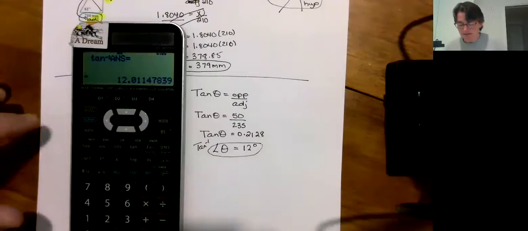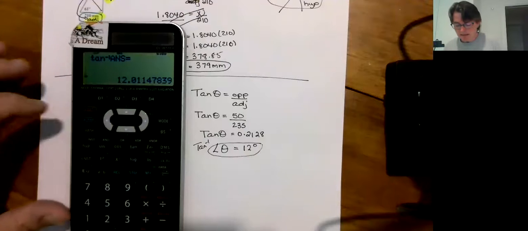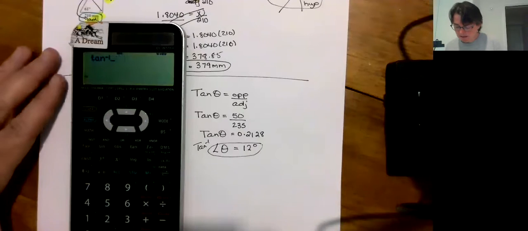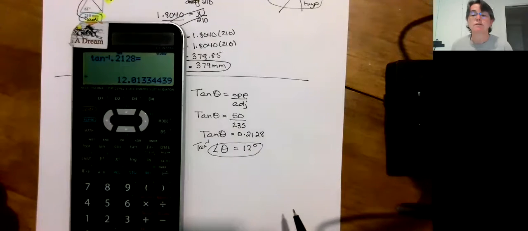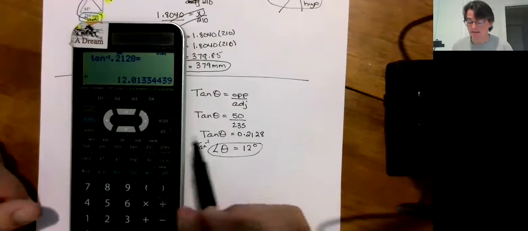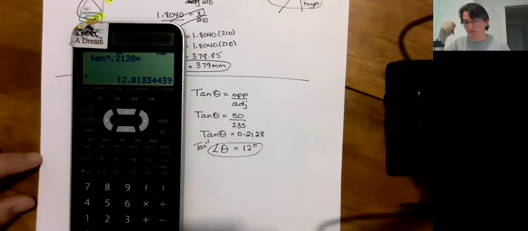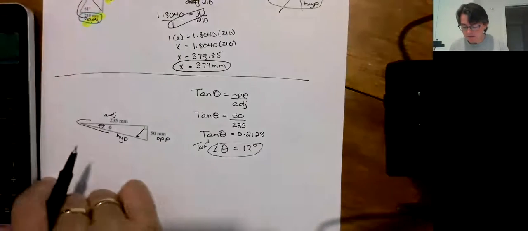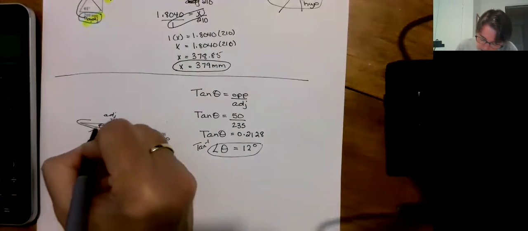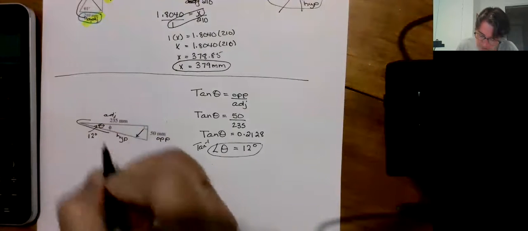Now, if that just weirded you out, I would go second and tangent, and I would put in 0.2128, and I get 12 degrees. My calculator is just cool. I can just hit the enter button and it puts the number in for me to complete my calculations. All right, cool. It says that this is 12 degrees.